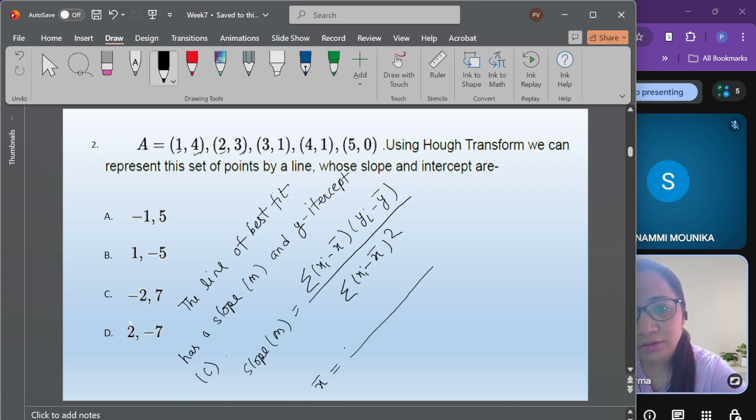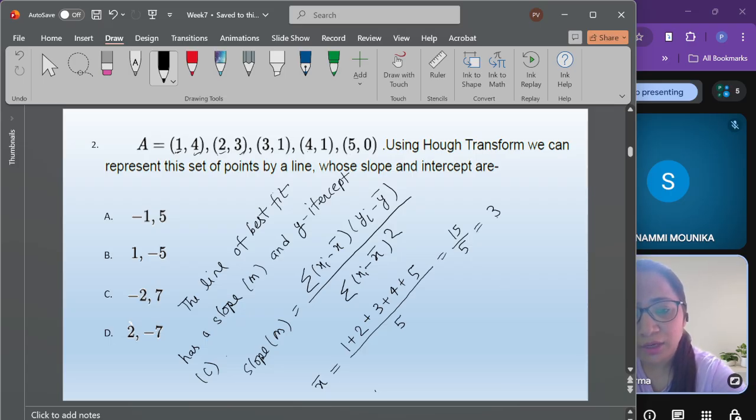If you see, 1 plus 2, only x values we need to take, plus 3 plus 4 plus 5, right? And the total number of points is 5. If you add these values, how much will it be? 15. 15 by 5, we will get 3.